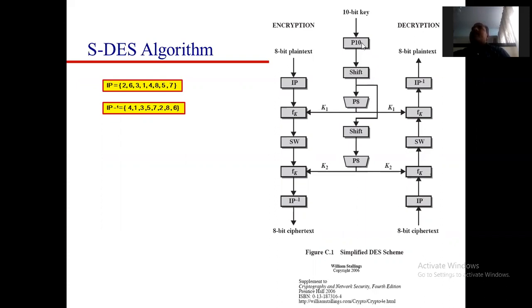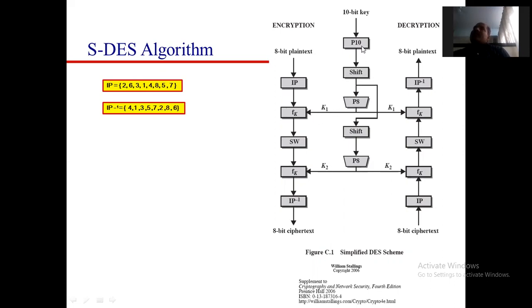Why do we consider a 10-bit key and then use only 8 bits? Because we need to increase the complexity level of this algorithm. If a hacker tries to get the values, the hacker will assume that the 10-bit key is used everywhere, so he will not easily hack this algorithm.